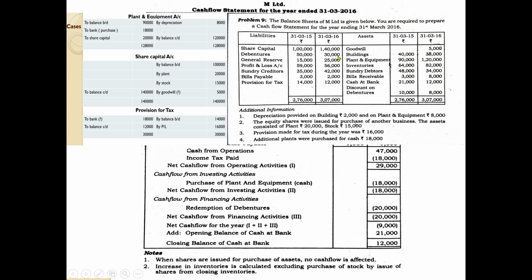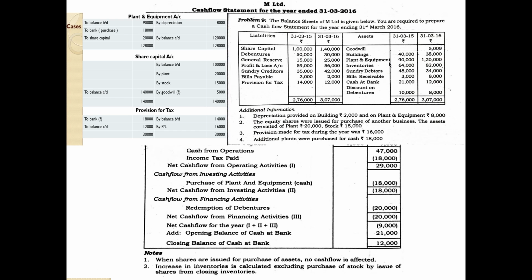And another piece of information given in the question is discount on debentures during the year, 10,000 and 8,000. So it is implied that during the year there is a reduction in discount on debentures of rupees 2,000, that is 10,000 minus 8,000, 2,000. And here on the liability side, the opening balance is 50,000, closing balance is 30,000.